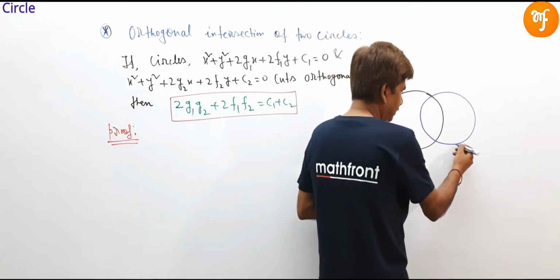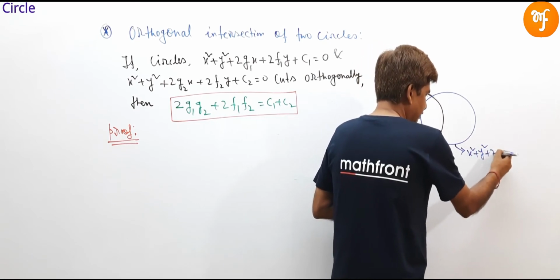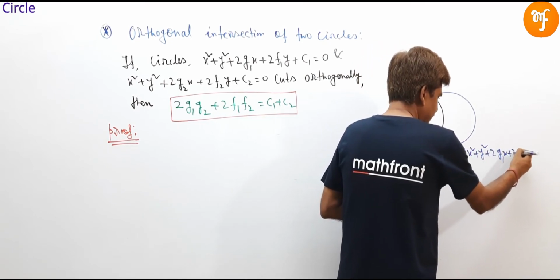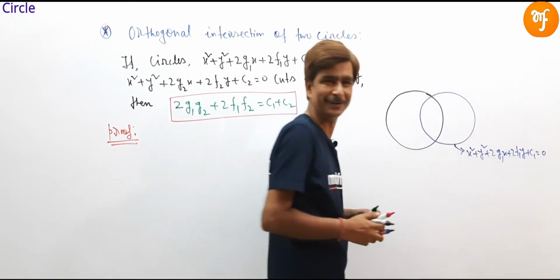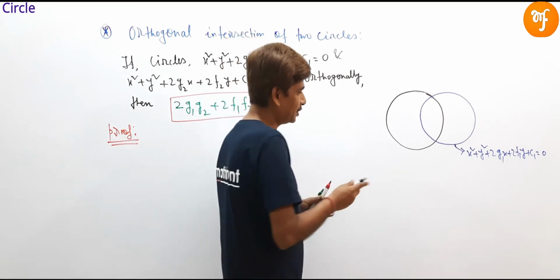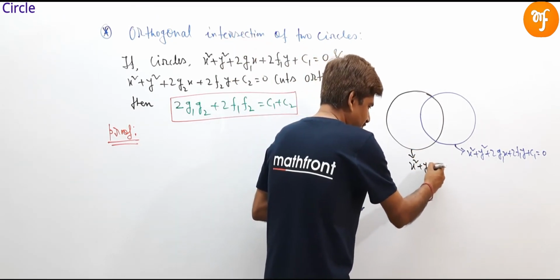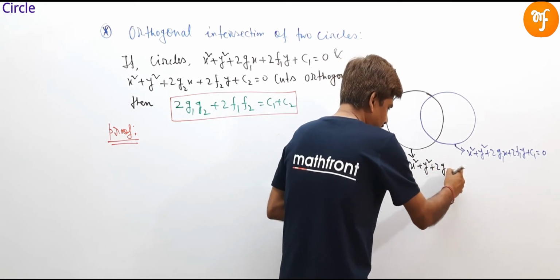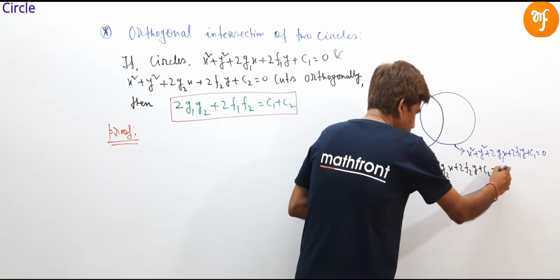Equation of this circle, assuming x square plus y square plus 2g1x plus 2f1y plus c1 is equal to 0. Okay, and equation of this circle, considering x square plus y square plus 2g2x plus 2f2y plus c2 is equal to 0.